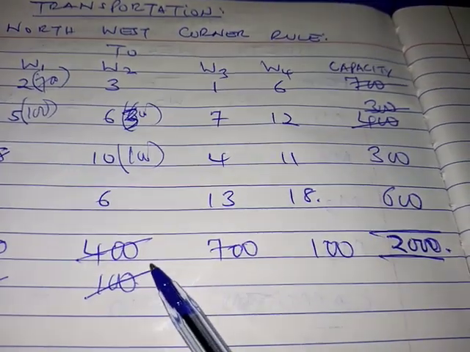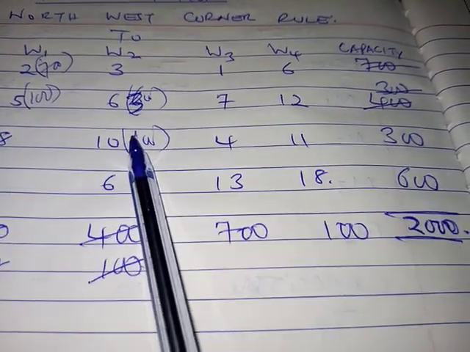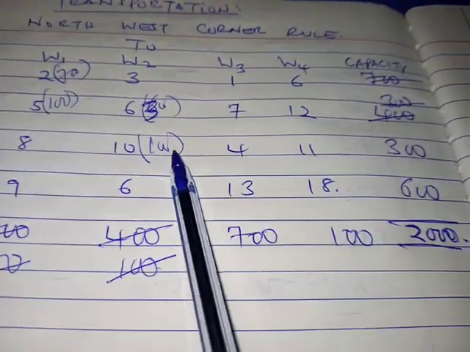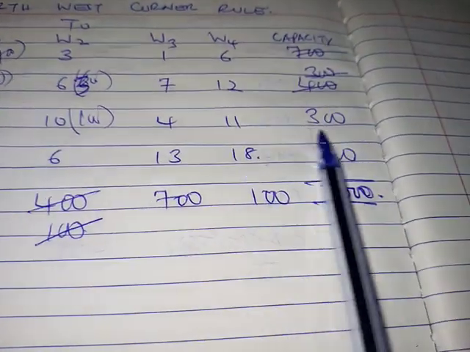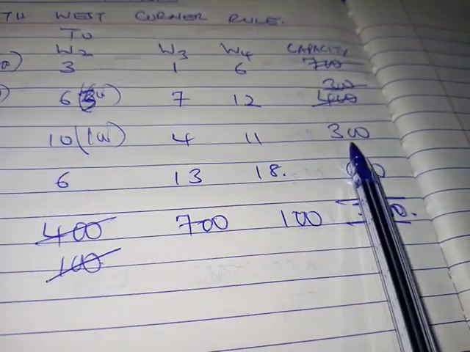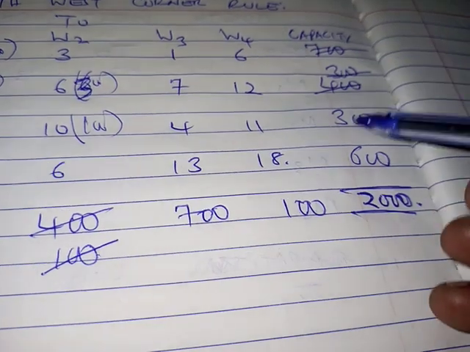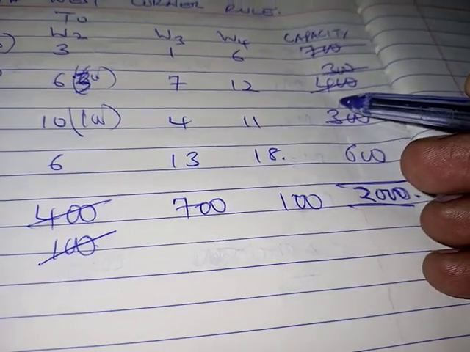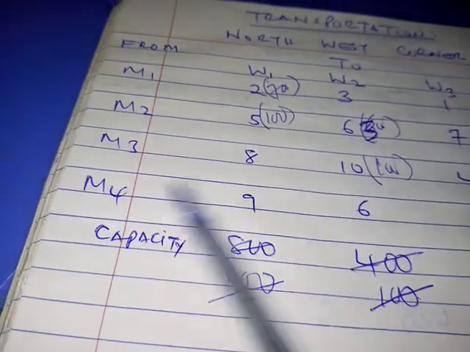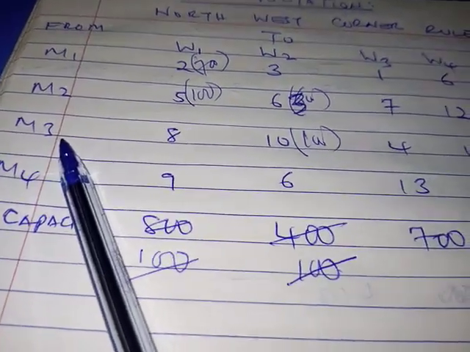All right, consider once again that from M3, we have assigned 100 from 300, and therefore we shall cancel the 300 and we shall remain with 200 from the manufacturing plant M3.